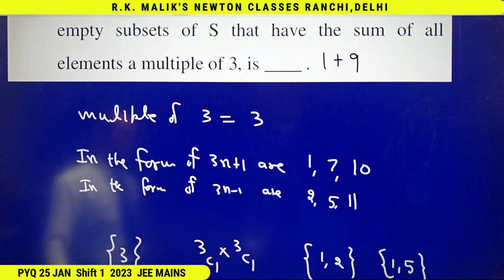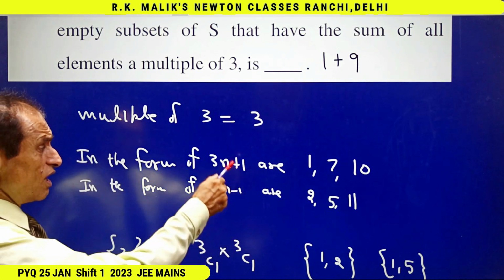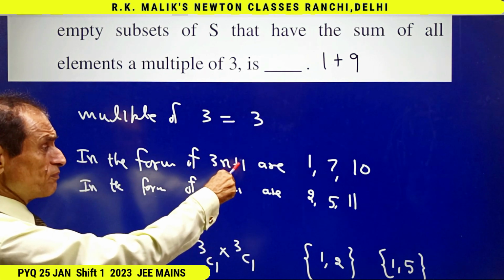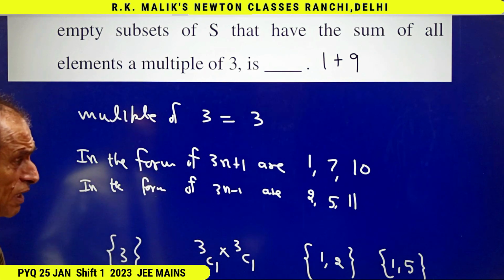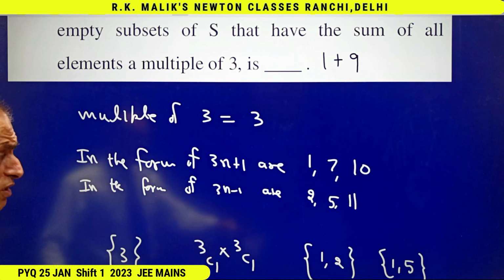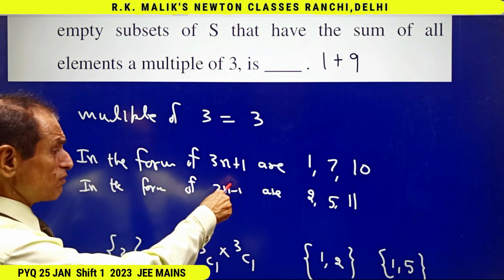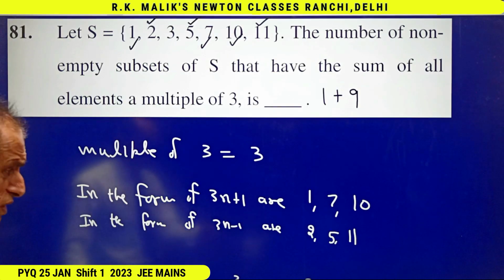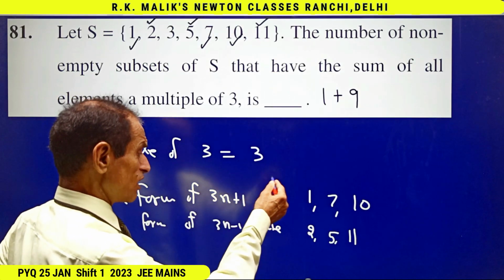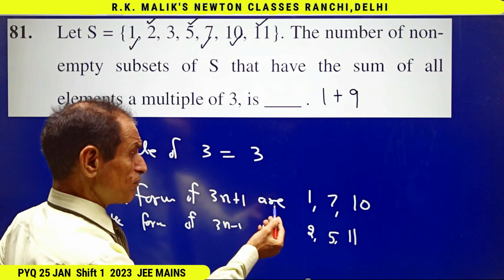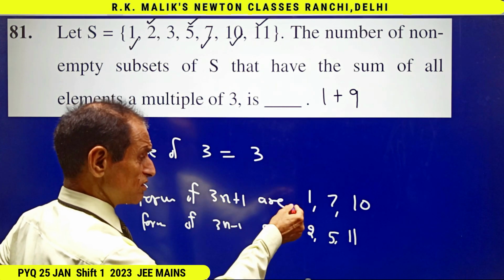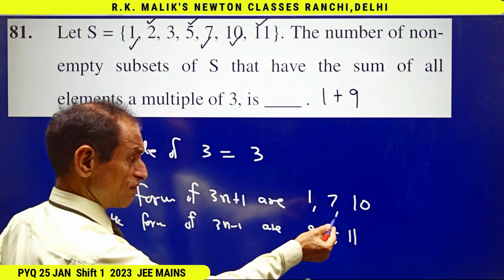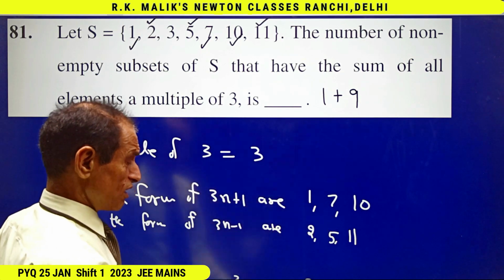And now one more thing is to be taken care of, that if all the 3 numbers are in the form of 3n plus 1, then also the sum will be multiple of 3. If all the 3 numbers are in the form of 3n minus 1, then also the sum of numbers will be multiple of 3. Therefore, in first case, when all the numbers are in the form of 3n plus 1, the number can be chosen in the way 3c3, because 3 elements are here.